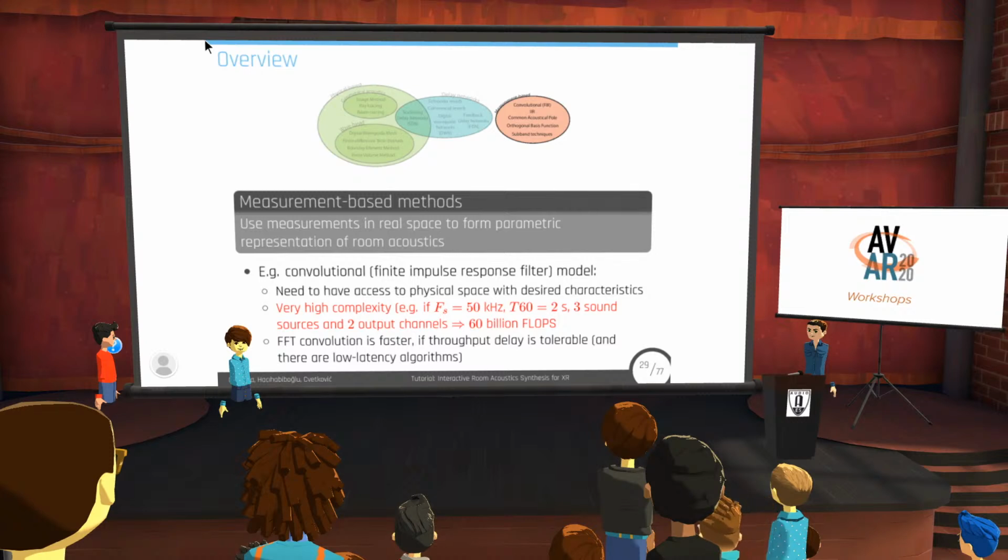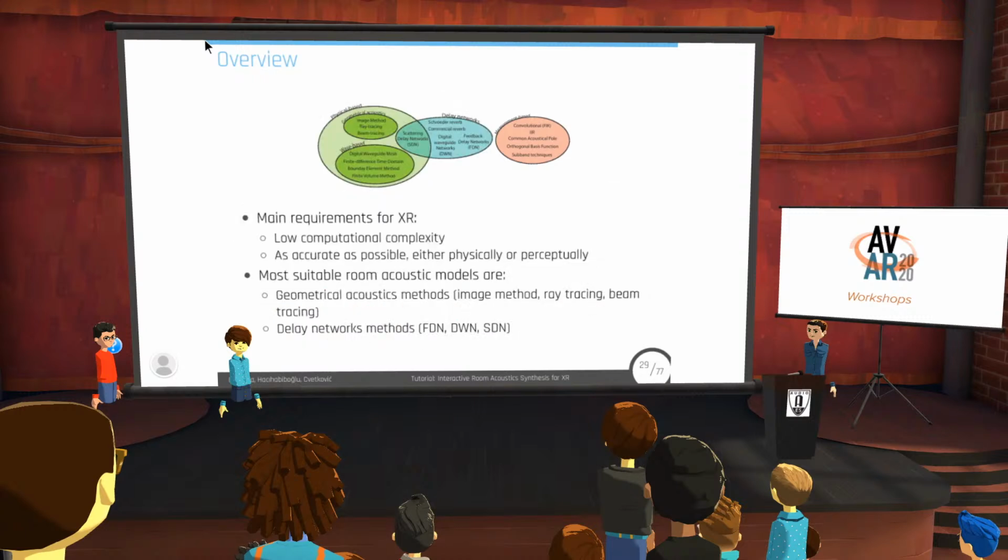Now, most of the time, even if you use this measurement-based method, you would probably not use a straight convolution, you would use an FFT convolution. However, FFT convolution adds a certain delay because you have to gather the data and then calculate an FFT. There are also some low latency algorithms. Even in that case, though, the convolution remains a computationally complex operation.